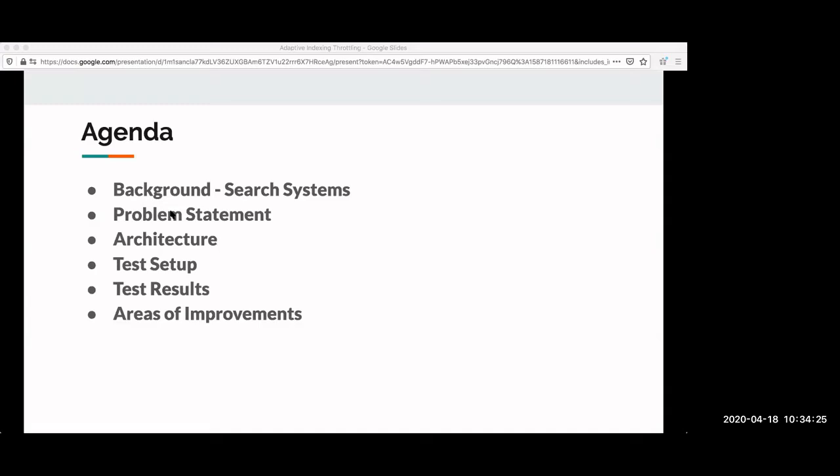There are a couple of interlinked problem statements, so we'll look at them and try to formalize our problem statement. Then we'll look at the architecture that was proposed to solve that problem. Then we'll look at the test setup we established and the testing we did to figure out and come up with the final solution. We'll look at the results for the same test, and then we'll talk about the areas of improvement.